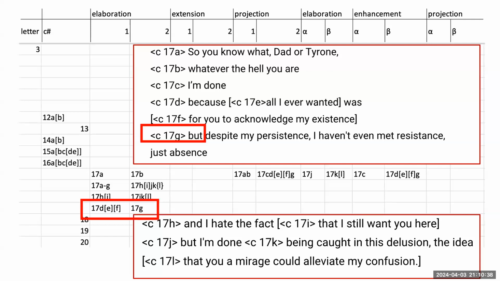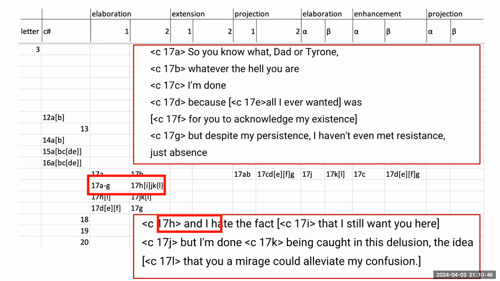Again, the but would be paratactic elaboration. Okay, back down here, A through G, all of this, and then 17H, and paratactic elaboration.